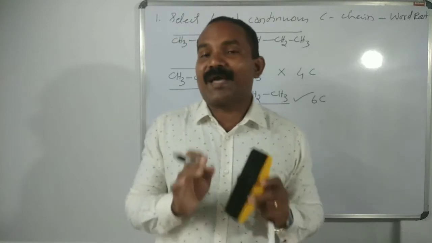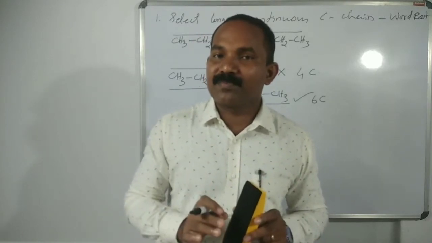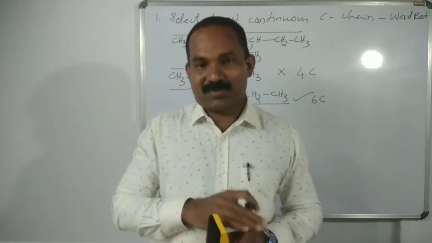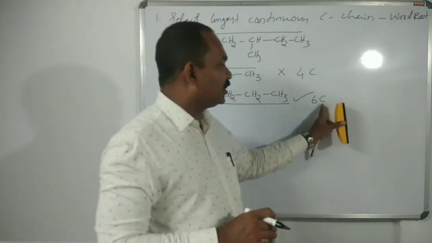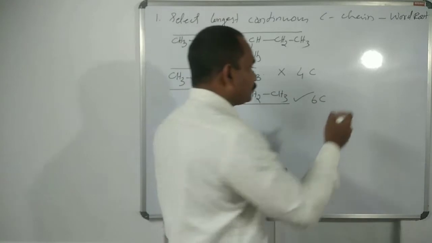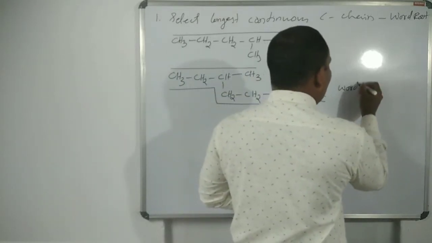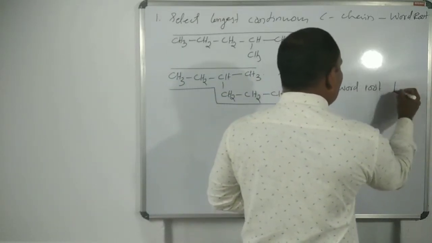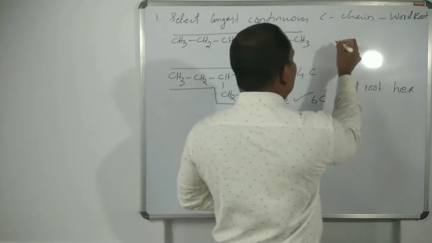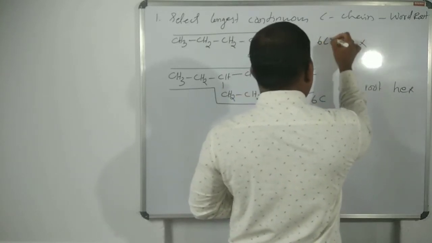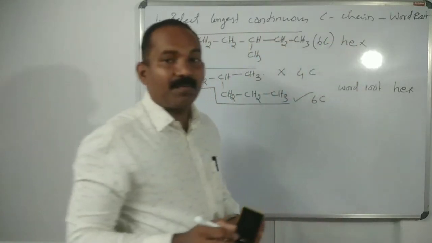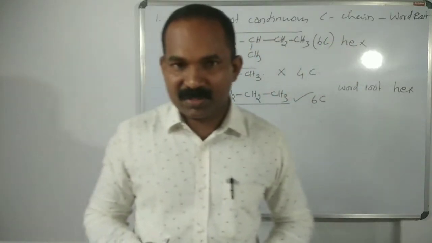That gives an idea about the word root. So which is the word root here? Hex. Here also the word root is hex, because there are 6 carbon atoms in the parent hydrocarbon chain.